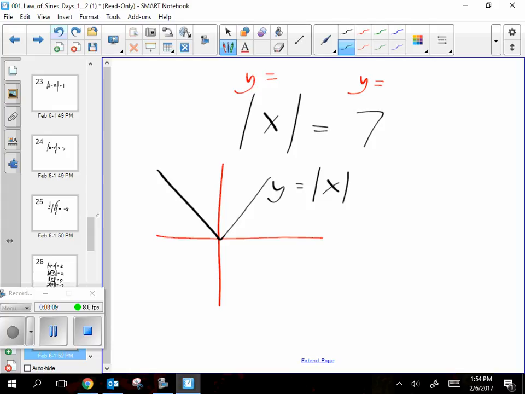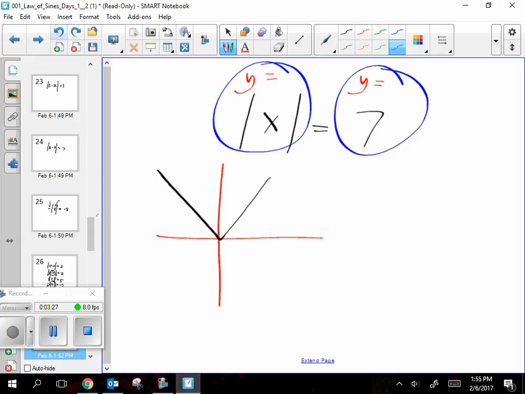So if I say, here's your problem, absolute value of x equals 7. Y equals absolute value of x, that's that V. What do you think y equals 7 will look like? It's a separate graph. I'm going to do it in blue now.